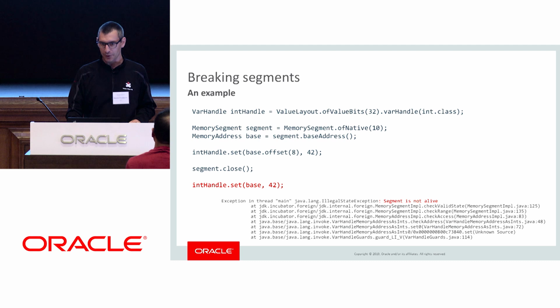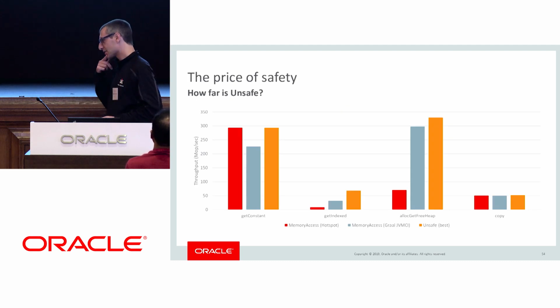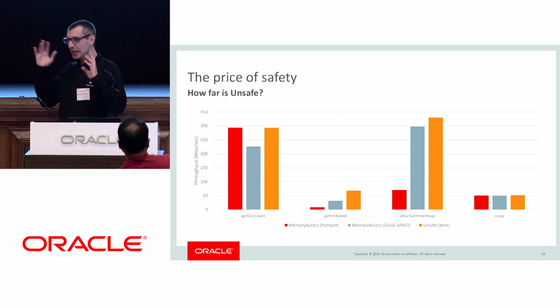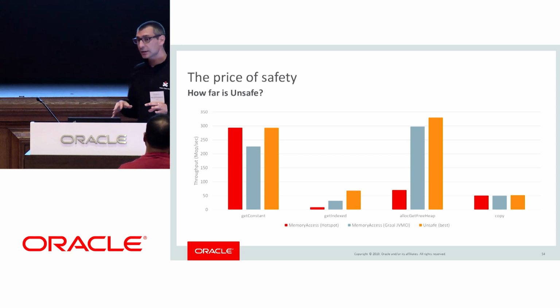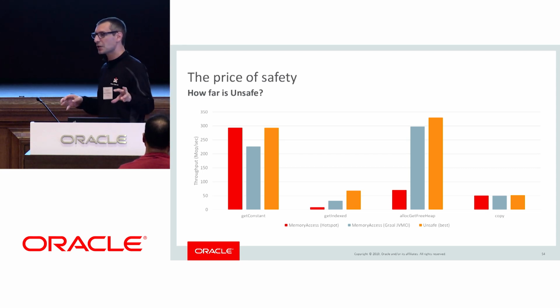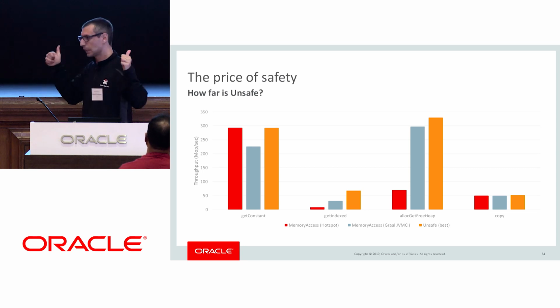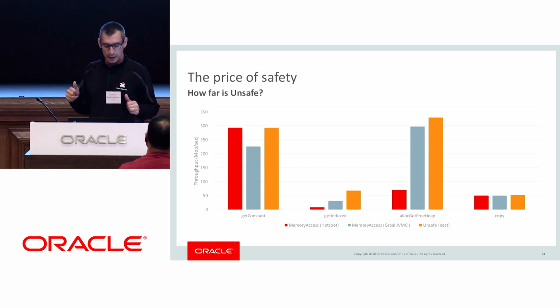So now, back to performance. How far is Unsafe? This slide could be titled The Good, the Bad, and the Ugly. There are certainly good parts. If you take the first benchmark and the last benchmark, everything is good. Basically, the red bar is performance with HotSpot C2.